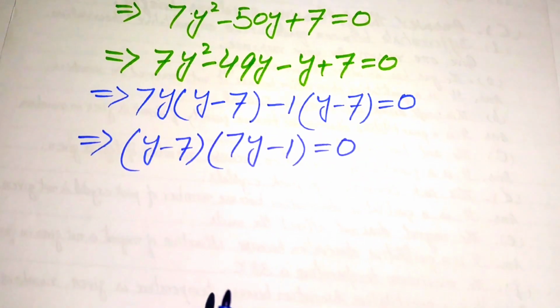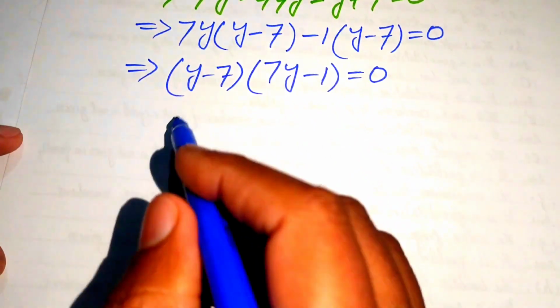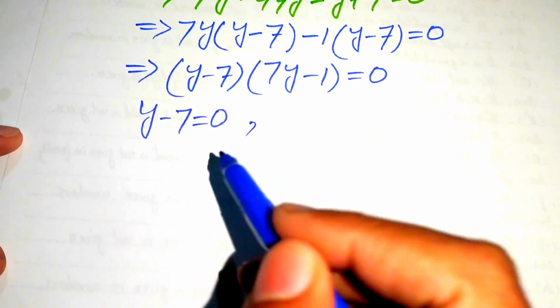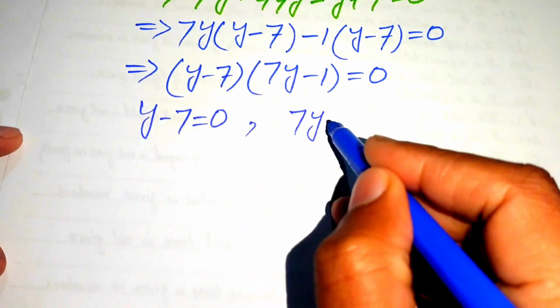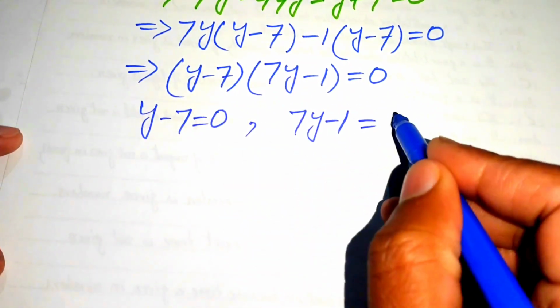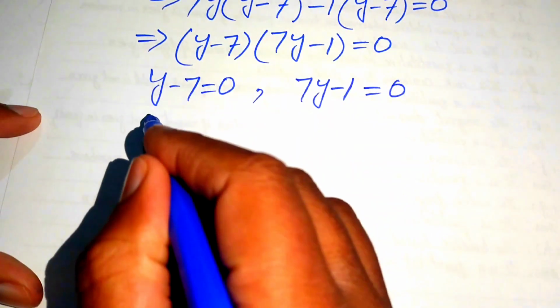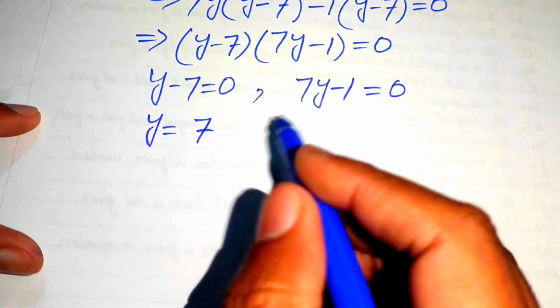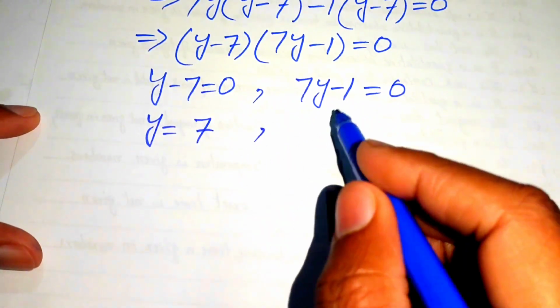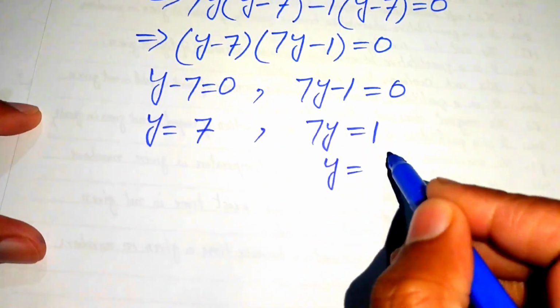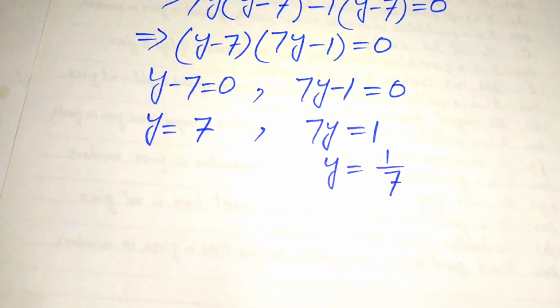So here we have two cases. The first case is y minus 7 equals 0, and the second case is 7y minus 1 equals 0. So in the first case you get the value of y equals 7, and in the second case you get 7y equals 1 and y equals 1 over 7.